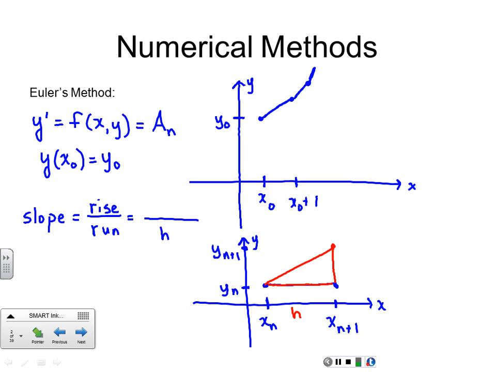So what we're going to call this side right here, the slope side, we're going to call this big A sub n. I want the slope to actually be that differential equation A sub n. So what I need to make that, this rise part, we're going to say that the rise is h times A sub n.